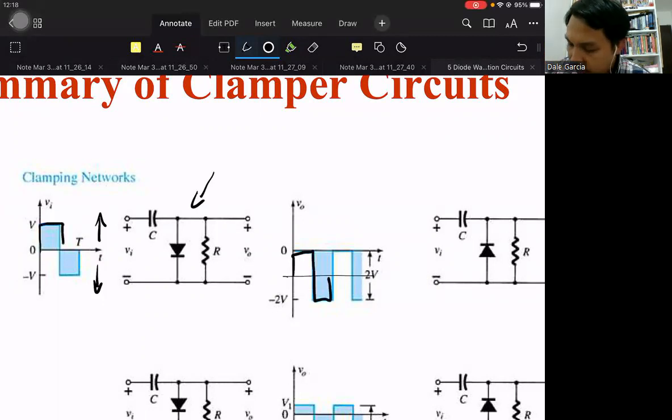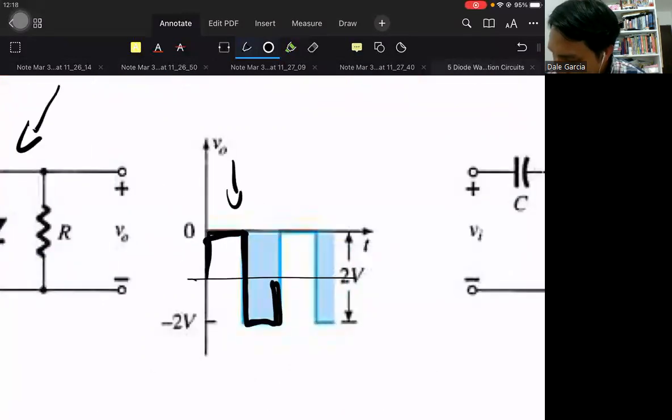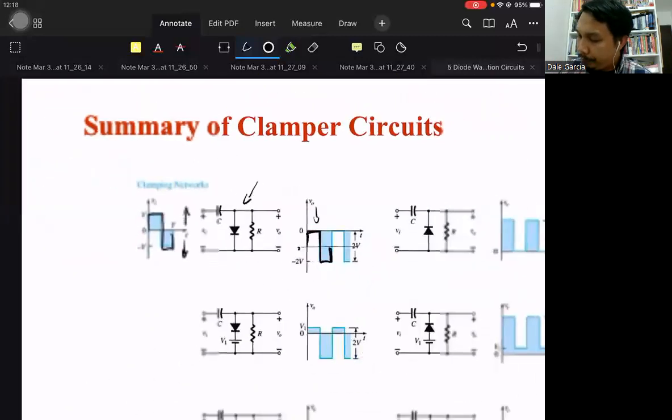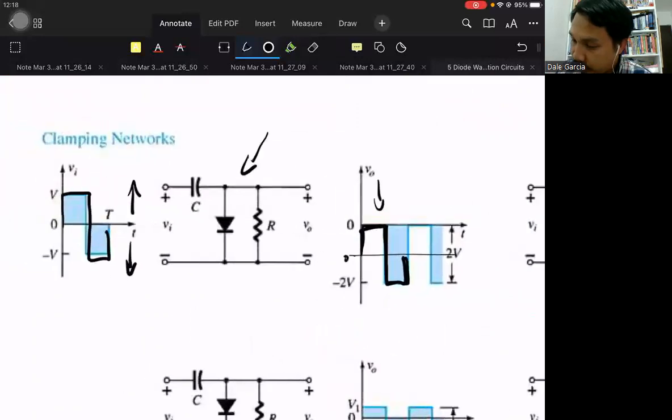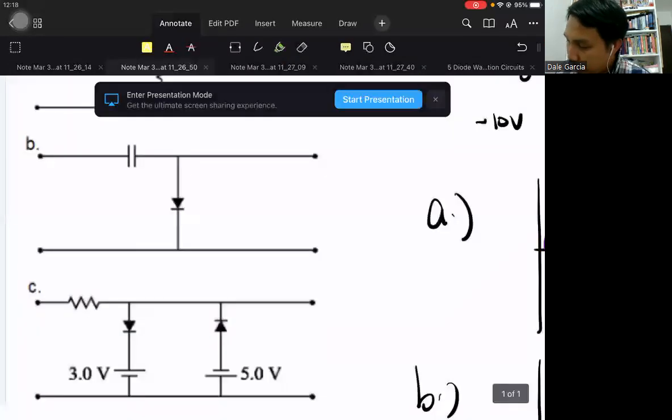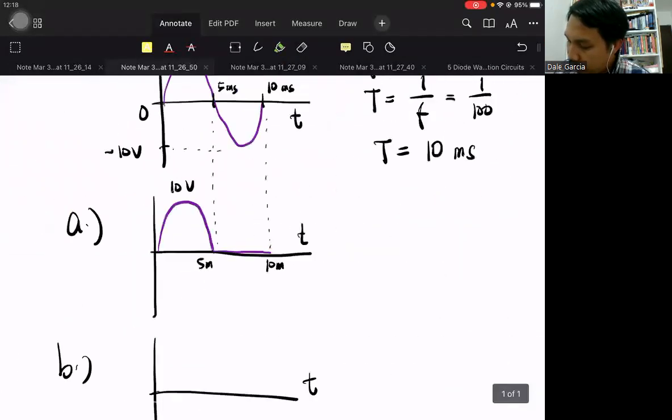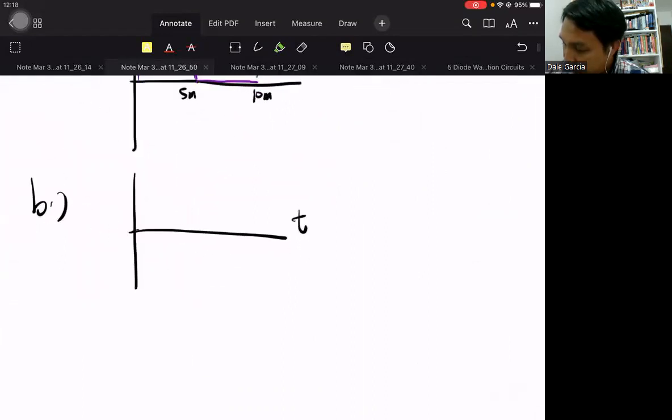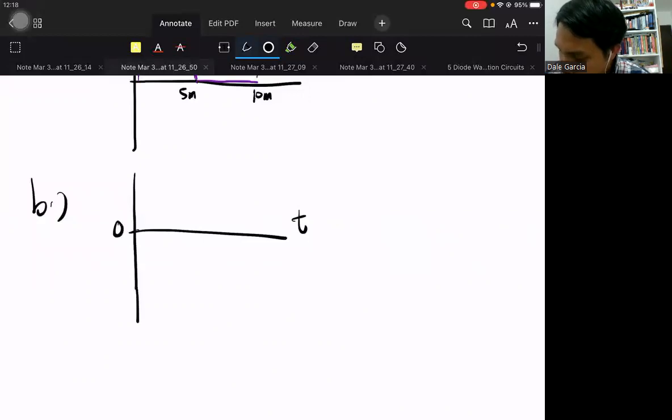Instead of here, the zero is virtually there.